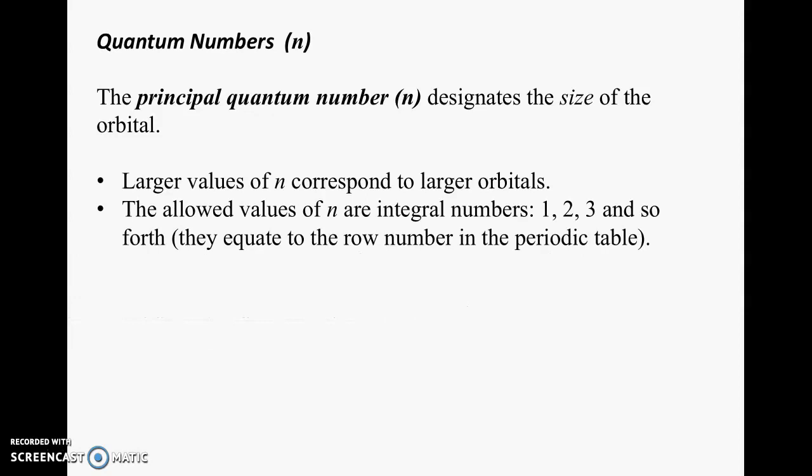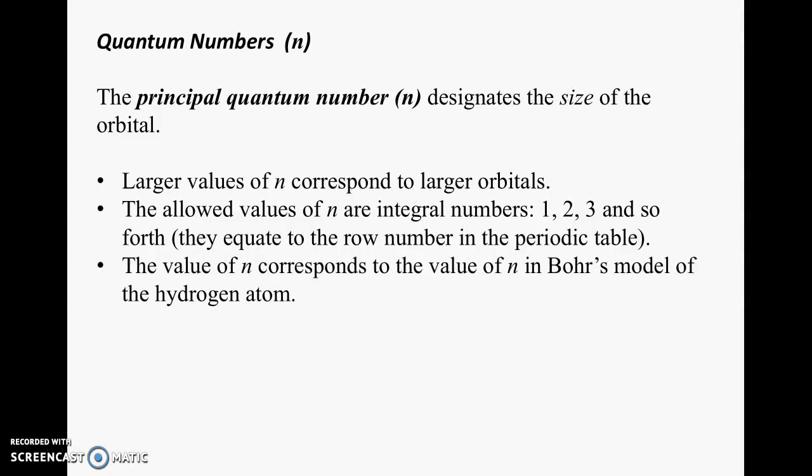Those allowed values for n are all integer numbers, and so they do equate to the row number in the periodic table. And it just so happens that n does correspond to the value in Bohr's model, which is why we still look at Bohr's model of the hydrogen atom, because there was a lot in it that makes sense.